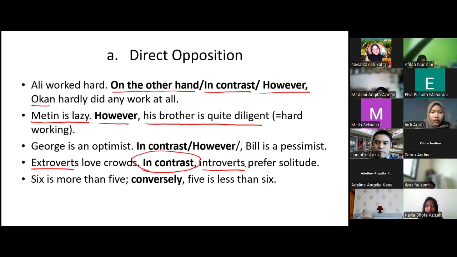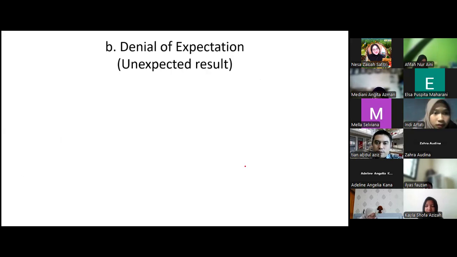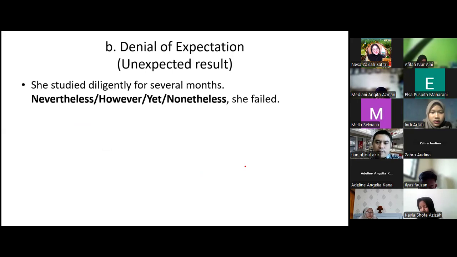This is for direct opposition. We see two different things from two ideas or two sentences. The second subtopic of contrast is denial of expectation, or unexpected results. There are several examples here, and I'd like to invite back to the bottom, Yehezkel.